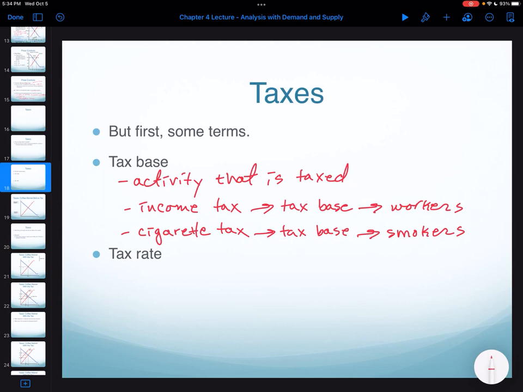Now tax rate, this one's pretty easy. This is basically the percentage of the tax, right? So if we're talking about a sales tax, this is the tax that's levied when you go and buy something at the store and have to pay the sales tax, okay?